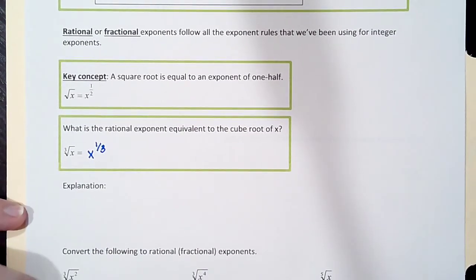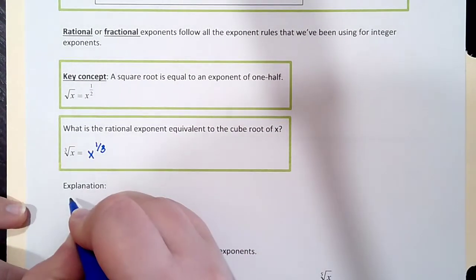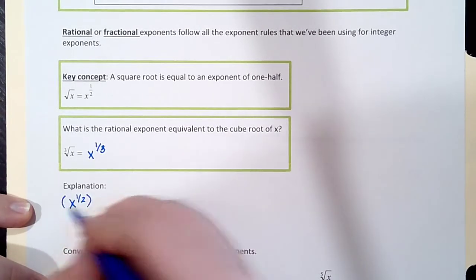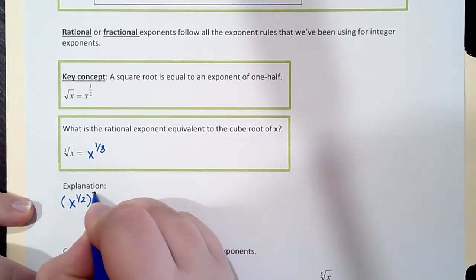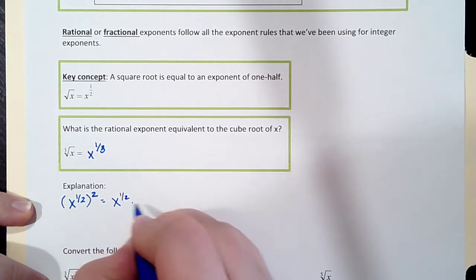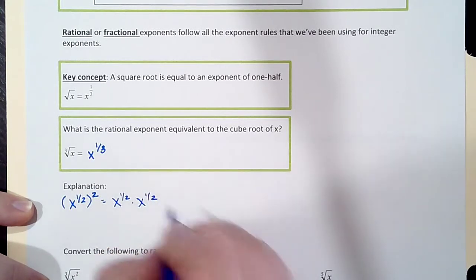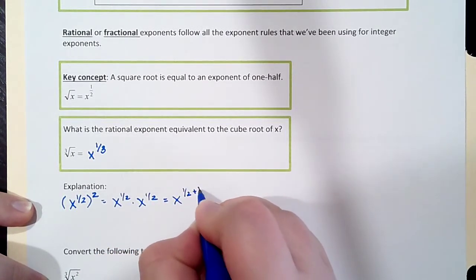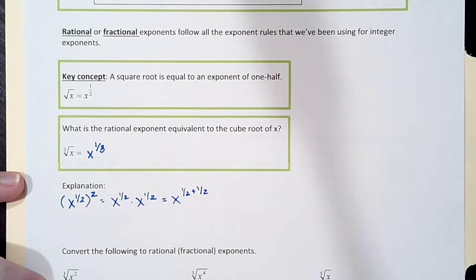Well, let's look at something. Let's look at this idea of x to the 1/2. If I take x to the 1/2 and I square it, that is the same thing as x to the 1/2 times x to the 1/2, which is equivalent to x to the 1/2 plus 1/2.